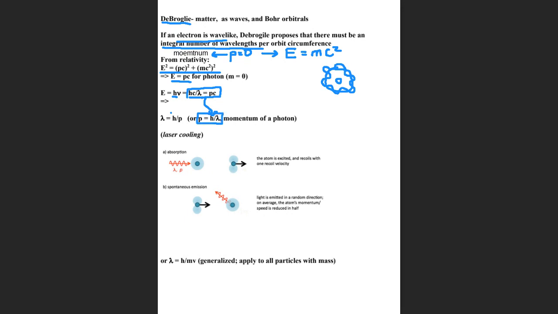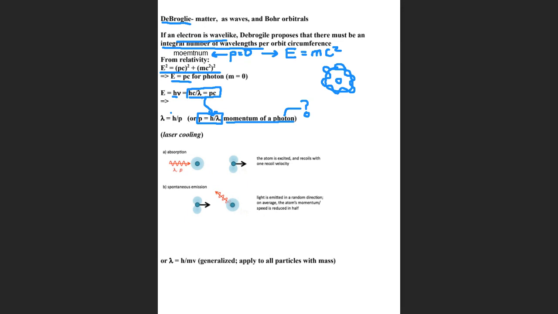In other words, the momentum of a photon is predicted to be inversely proportional to its wavelength, or directly proportional to its frequency. Okay, this is surprising because a photon supposedly has a mass of 0. But it turns out photons have momentum, and one of the things that explains is laser cooling.